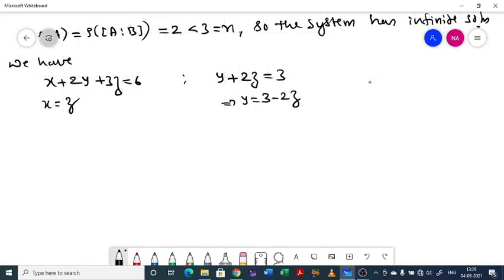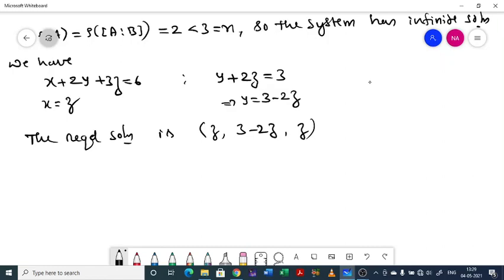So the required solution is z comma 3 minus 2z comma z. Depending on each value of z, we will be getting a different solution. So with this we have completed part C.